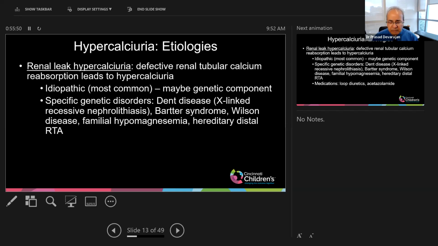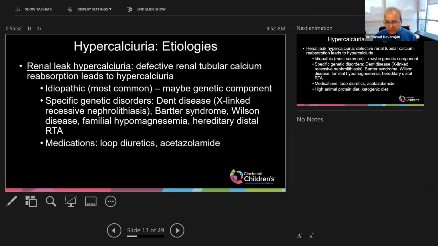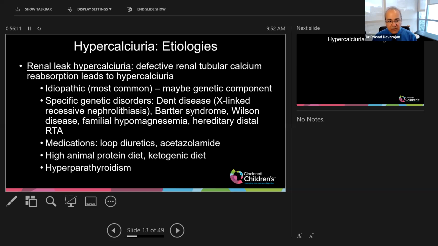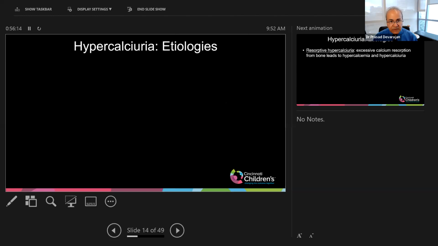Important to remember a couple of medications: loop diuretics, not thiazide diuretics. Loop diuretics like furosemide and acetazolamide are important causes of renal leak hypercalciuria. High animal protein diet, ketogenic diet, and hyperparathyroidism round up the other common causes of renal leak hypercalciuria.